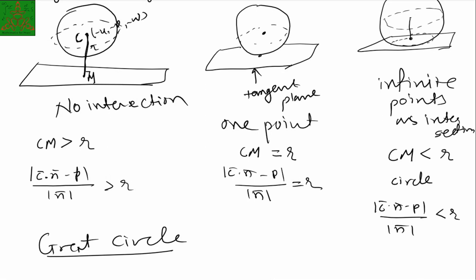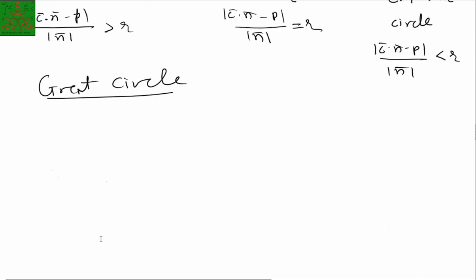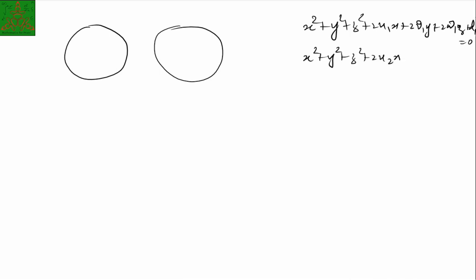Now let us talk about the intersection between two spheres. Suppose you are given two spheres, sphere 1 and sphere 2, given as x square plus y square plus z square plus 2u1x plus 2v1y plus 2w1z plus d1 equal to 0, and another sphere x square plus y square plus z square plus 2u2x plus 2v2y plus 2w2z plus d2 equal to 0.